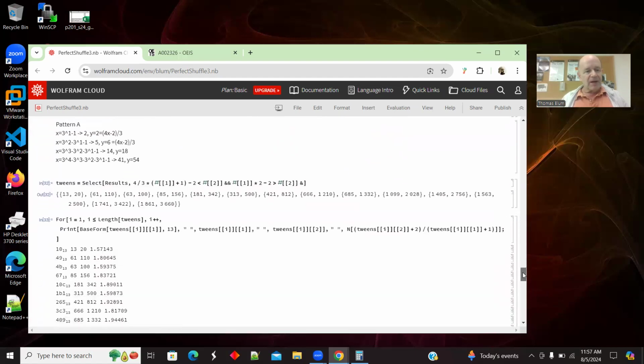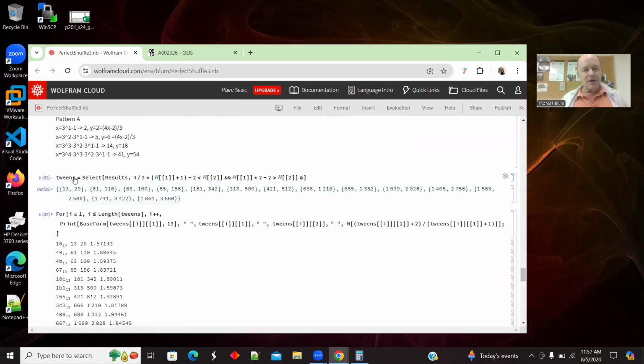Okay. Then I grabbed what I called the tweens. So there was that 4/3 line that I just figured out the pattern for. And then there was this slope 2 pattern. There's multiply by 2. There's my slope 2, which was my upper. So I called the 4/3 the sub-upper and this the upper.